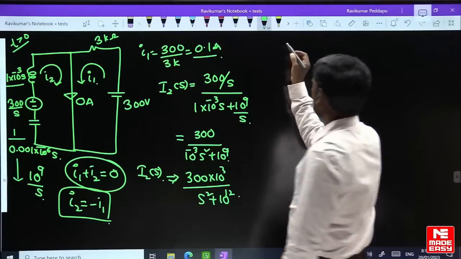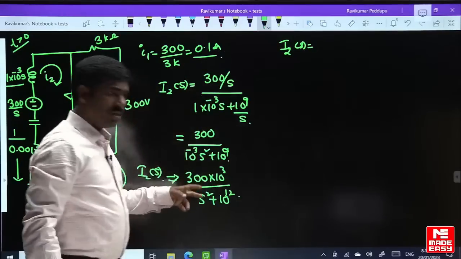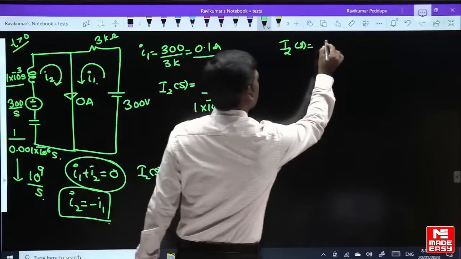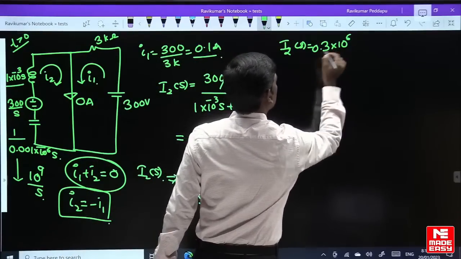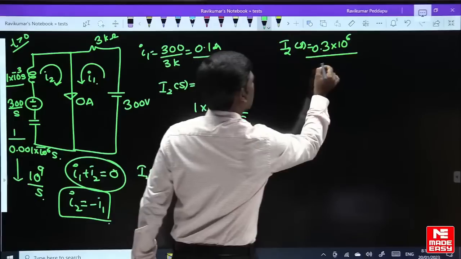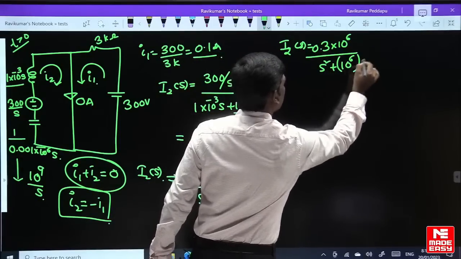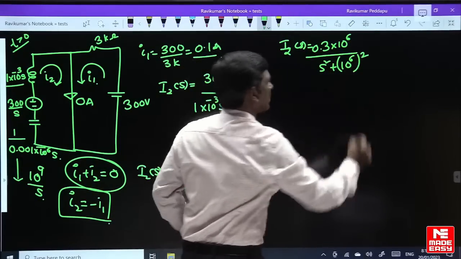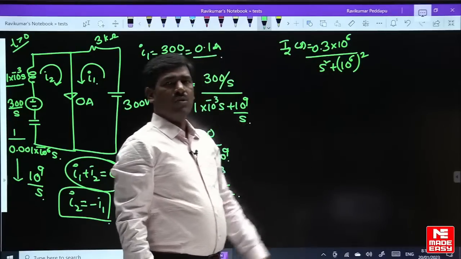I2 of S is equal to 300 into 10 to the power of, I can write 0.3 into 10 to the power of 6 upon S square plus 10 to the power of 6 whole square. This is just like omega by S square plus omega square.